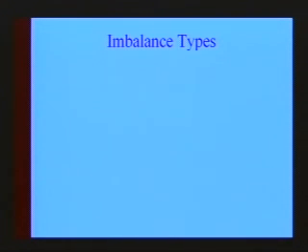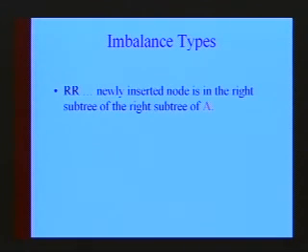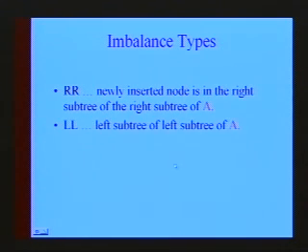Okay, so let's take a look at the different types of imbalance and how you fix the problem resulting from that imbalance. We saw an example of an RR. RR simply means that your new node, that pink node, is in the right subtree of the right subtree of A. And then you can have an LL, which is symmetric to the RR.